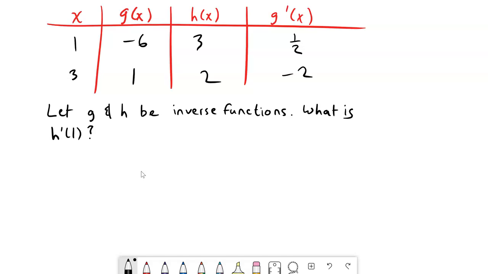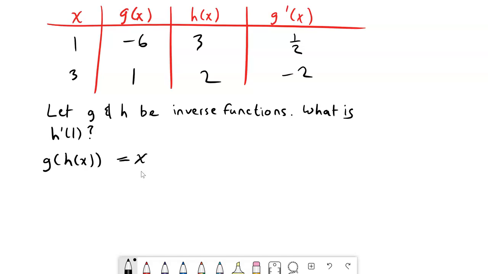So remember that g is the inverse of h, and h is the inverse of g. But in this case, g is kind of like our main function, and h is the inverse that we're talking about, or g to the minus 1, if you want to think of it like that. So what is the formula? We need to derive it, because in this context it might be a little bit more confusing.